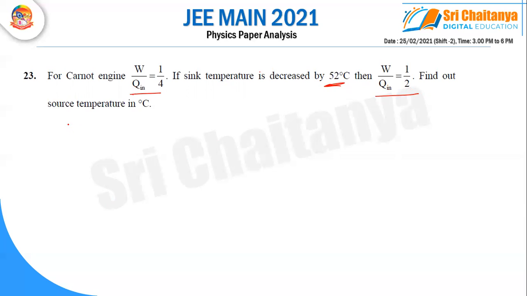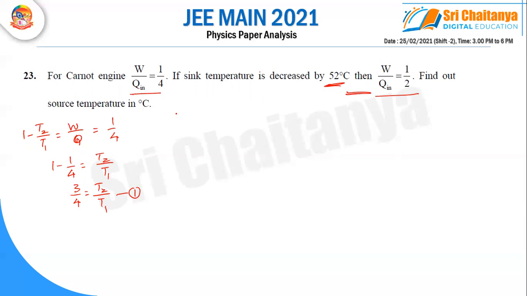Now W by Q is the efficiency, and this is given as 1 minus T2 by T1, and this is given as 1 by 4. So when I transfer this, 1 minus 1 by 4 is equal to T2 by T1, I get 3 by 4 is equal to T2 by T1. Let me mark this as equation 1.